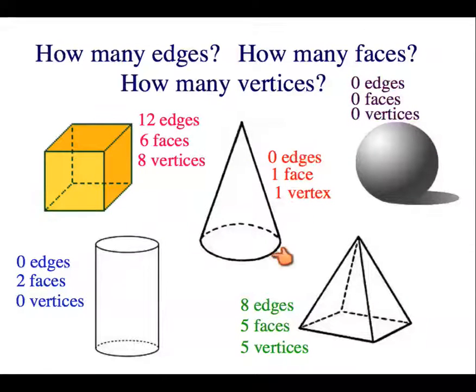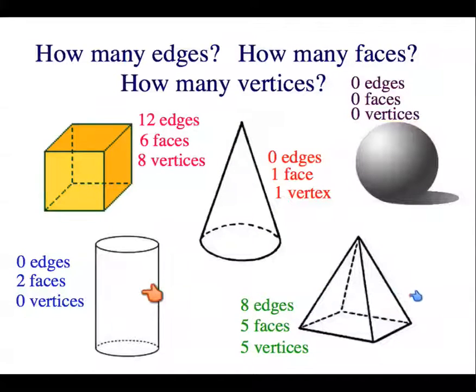It has 1 face on the bottom, 1 vertex on the top. This is a cylinder. It's got 2 faces, 1 on the top and 1 on the bottom, but it has 0 edges. These are curved, so they can't be edges. It has 0 vertices. Okay, and this is not a face because it's curved.